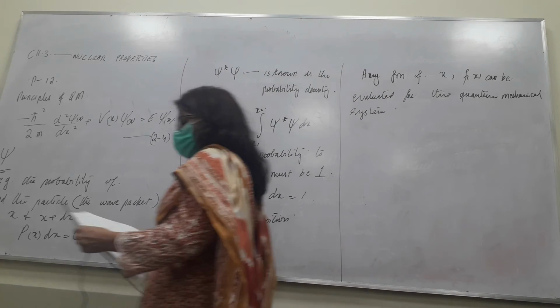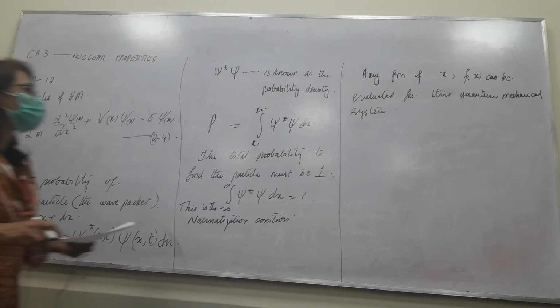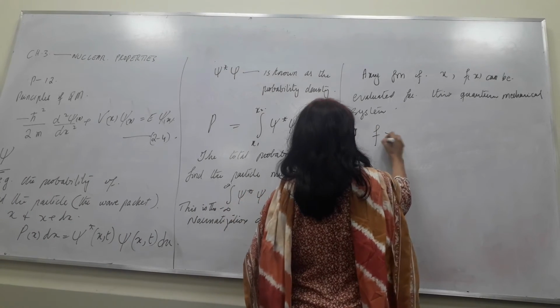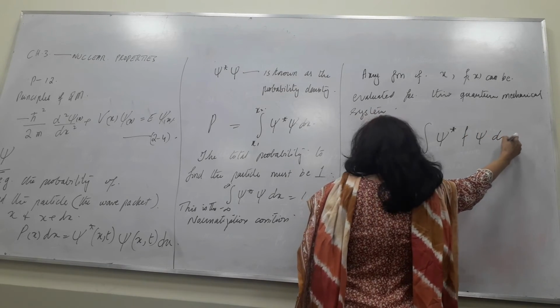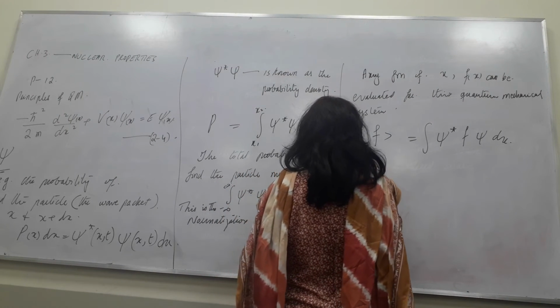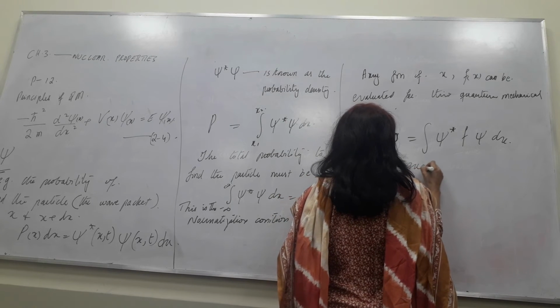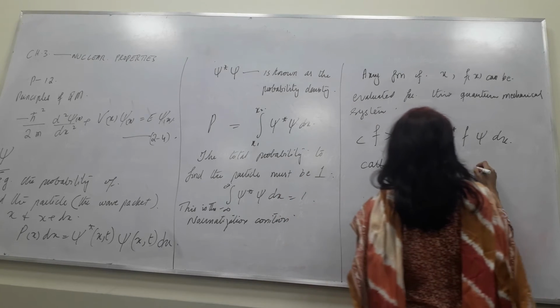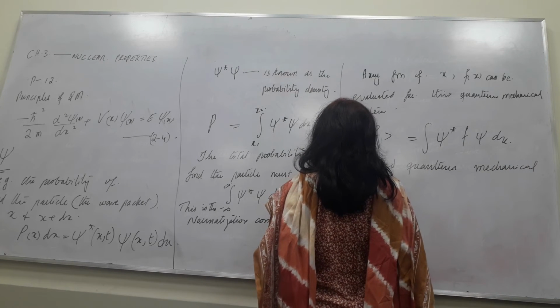The values that we measure for f(x) are determined by the probability density, and the average value of f(x) is determined by finding the contribution to the average for each. Then we can find the average of this by using this formula. And these average values are called quantum mechanical expectation values.